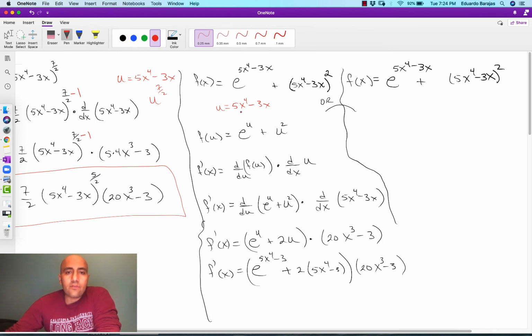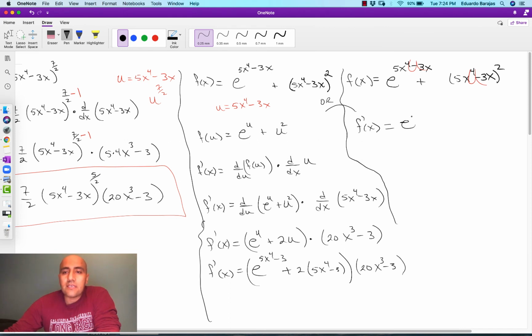Okay, so again, even though I'm not really doing the substitution, I'm thinking of this as being a u, and this as being my u, right? They're identical. That's important for this. So it's e to the u plus u squared, okay? So when you find the derivative, pretend that's a single letter, like a u. So e to the single letter, I know its derivative is just going to be e to the u.